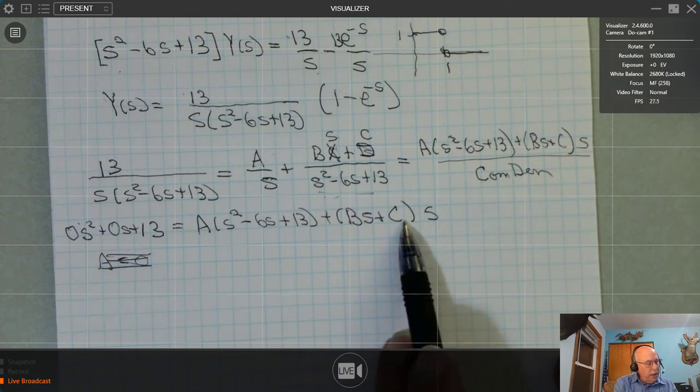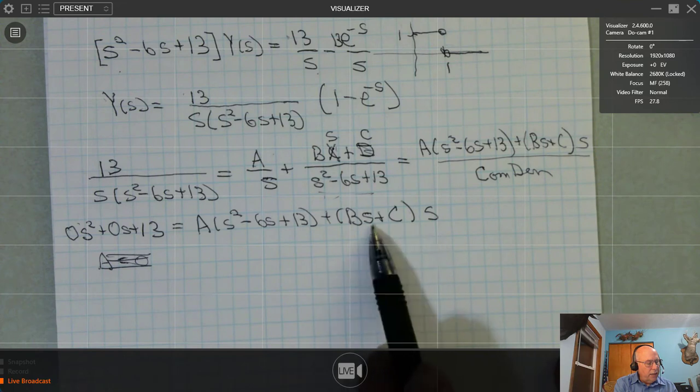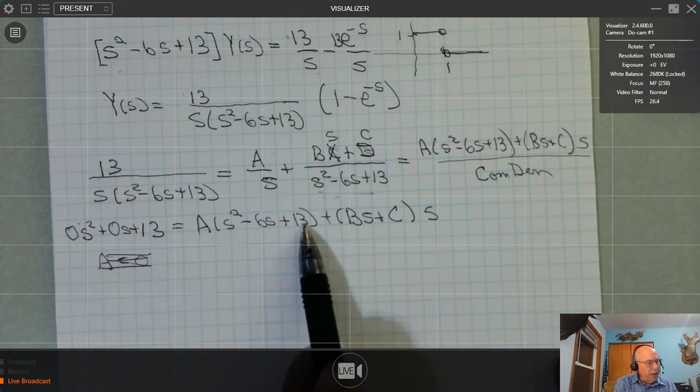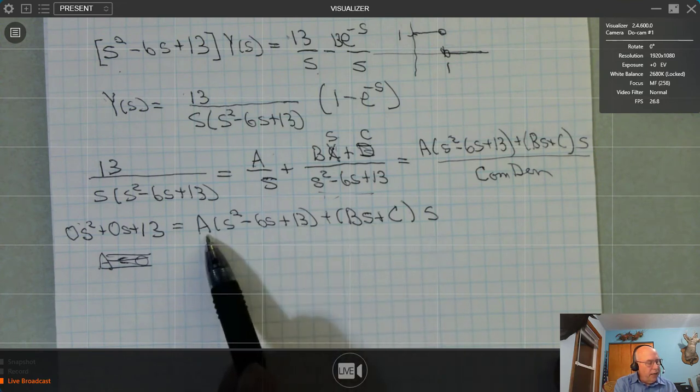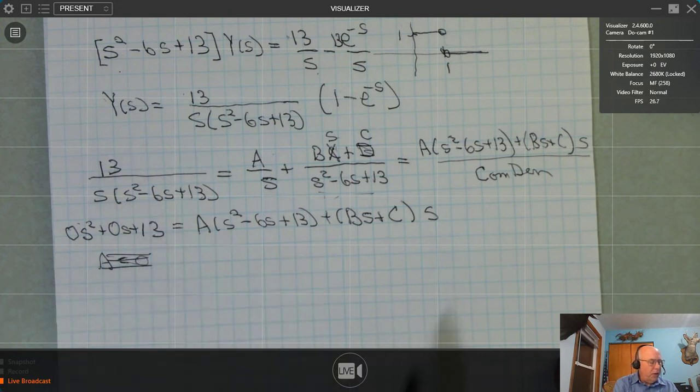So minus 6a plus c is equal to 0. And likewise, the constant term comes just from here. 13a equals 13, so a must be 1. So you can do it. There's nothing wrong with that.